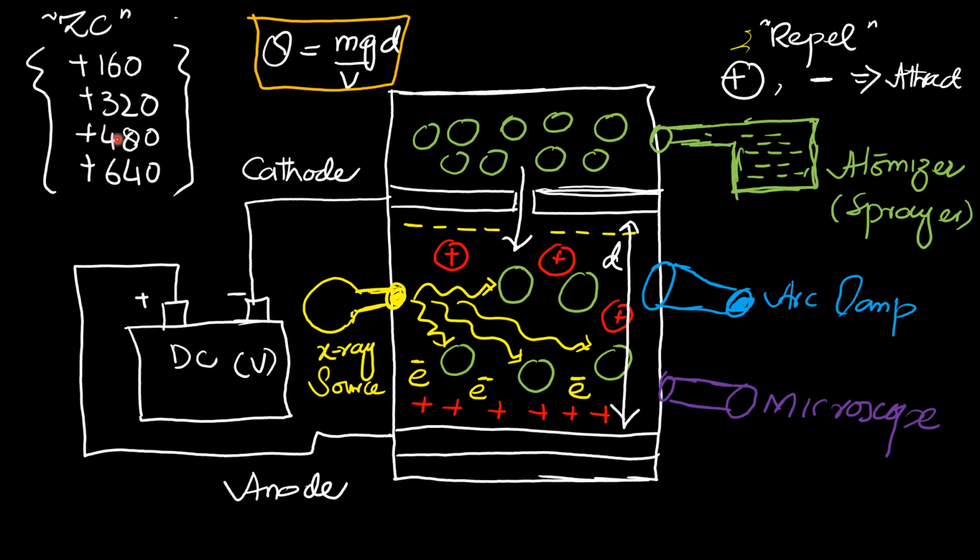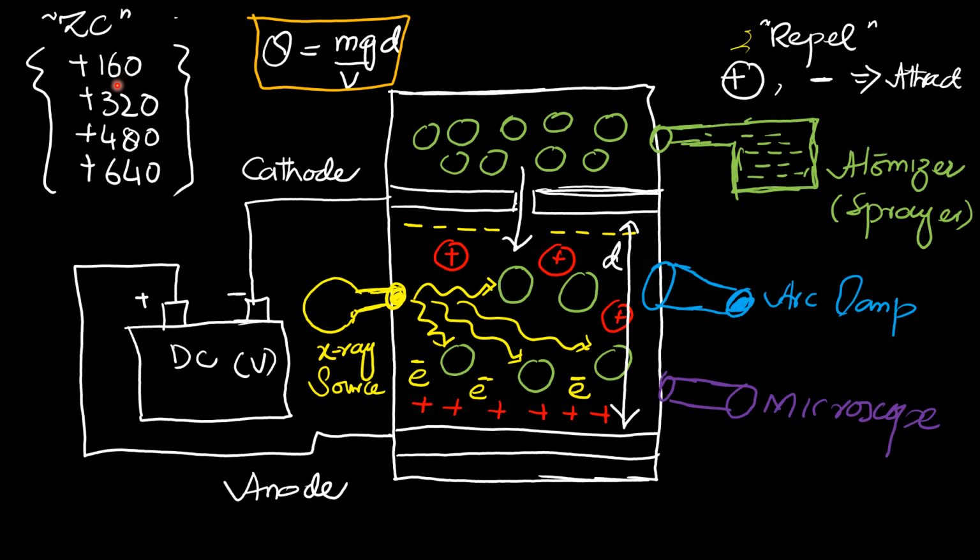Similarly, if a positive ion loses 3 electrons, its value changes to the multiple 480. So the value of the charge on these positive ions was increasing or decreasing in multiples of 160. This means that 160 is the value of an electron.